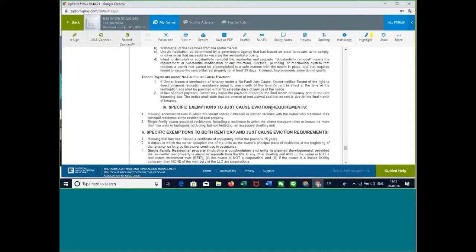Now, if you're doing a no-fault eviction, you have to pay relocation costs to the tenant, and it must be provided to the tenant within 15 days. After you give them notice, you have to pay them within 15 days for the relocation cost. In lieu of direct payment, the owner may waive the requirement of rent for the final month of tenancy. So if you don't want to pay the tenant, you just tell him, don't pay me the last month's rent, okay?